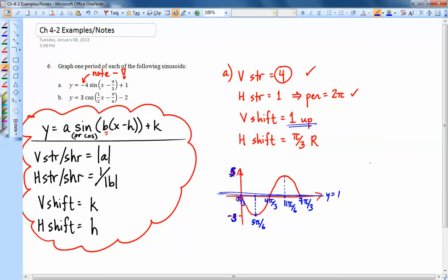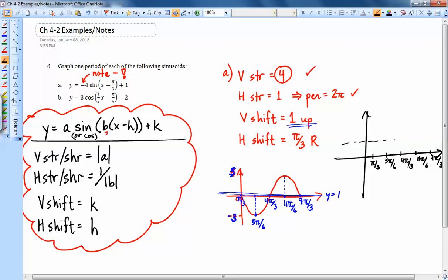So let's draw this graph in a formal way. I need pi over 3, I need 5 pi over 6, I need 4 pi over 3, 11 pi over 6, and 7 pi over 3 for 1 full cycle.